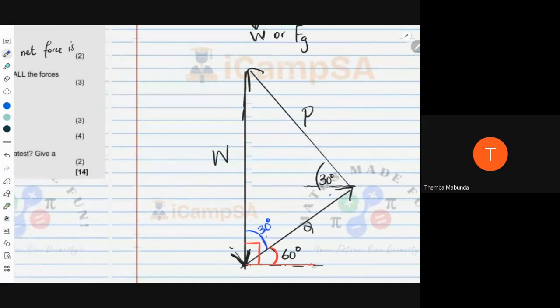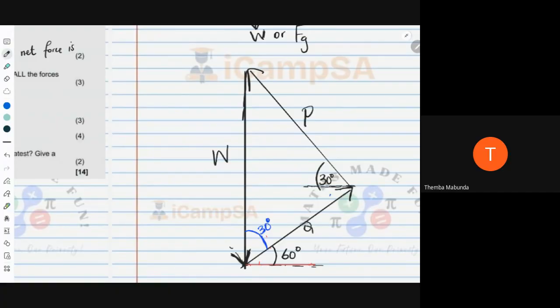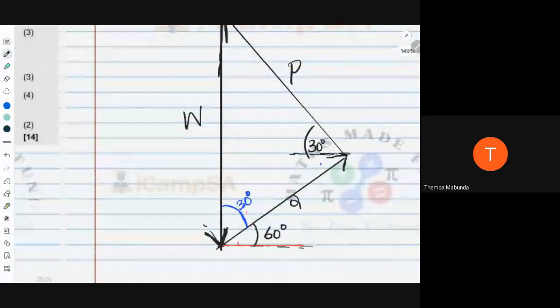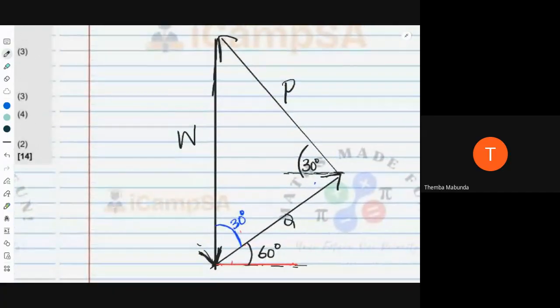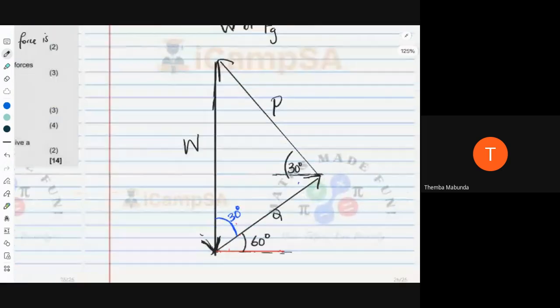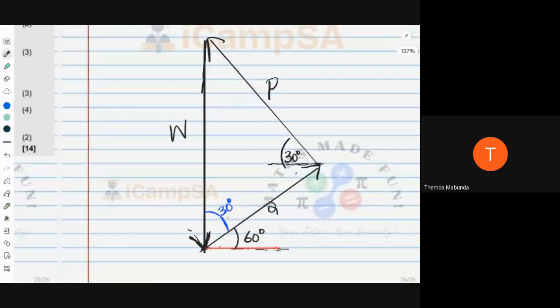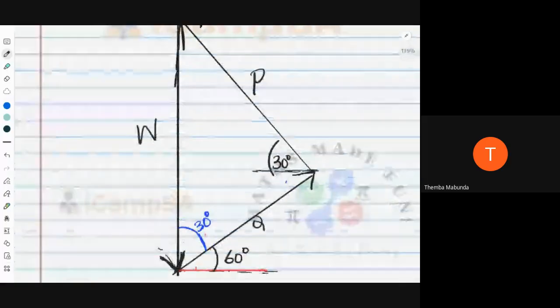Okay, let me erase this so that it doesn't look like a lot. So this angle. Have you guys done sum of opposite interior angles? Okay, I assume you haven't.